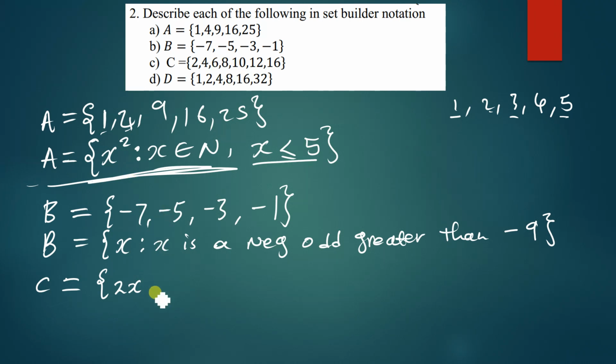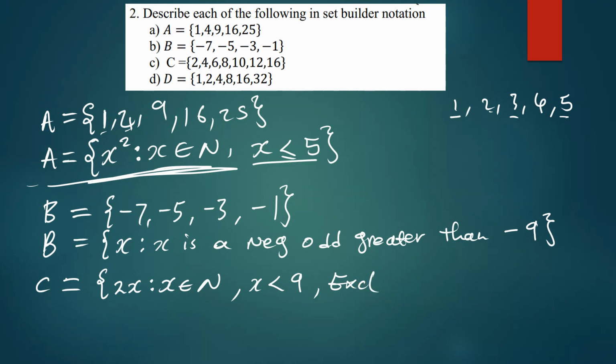Since we don't have 14, we can say 2 times x such that x is a member of natural numbers, but x should be less than 9. And in this x, we have to exclude 7. So we can say excluding 7.